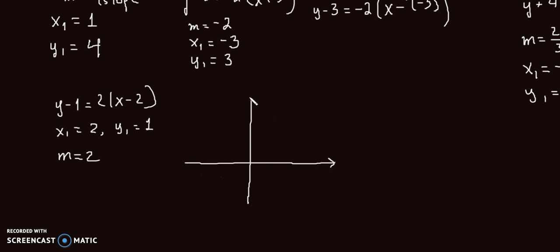You can always graph the linear function very easily when you know the slope and the point. So x1 is 2 and y1 is 1, so my first point is this one, and then I have 2.